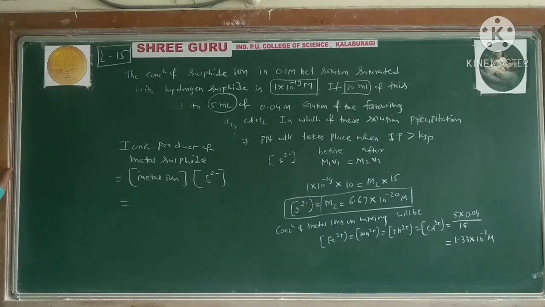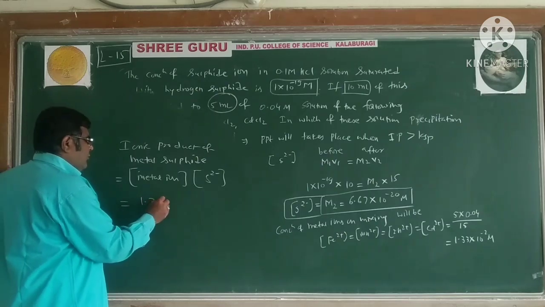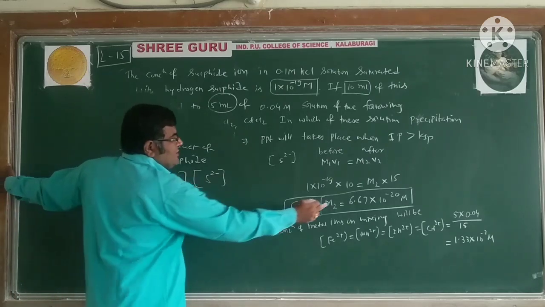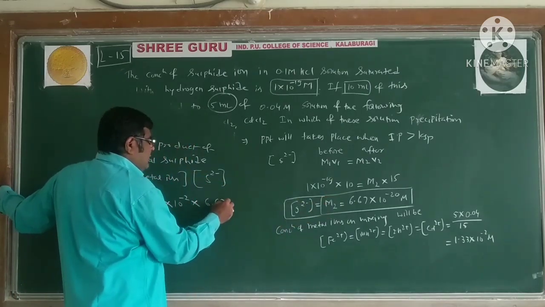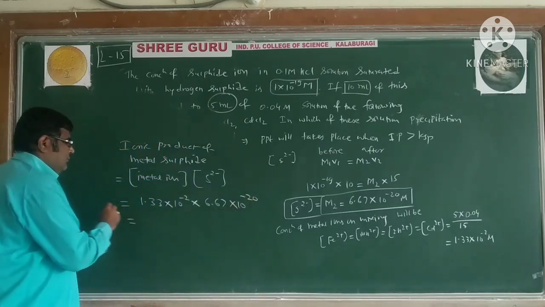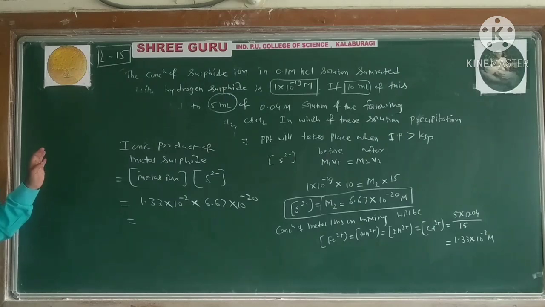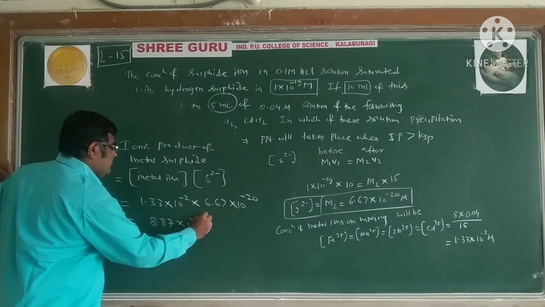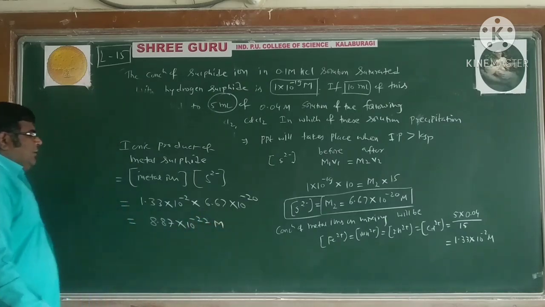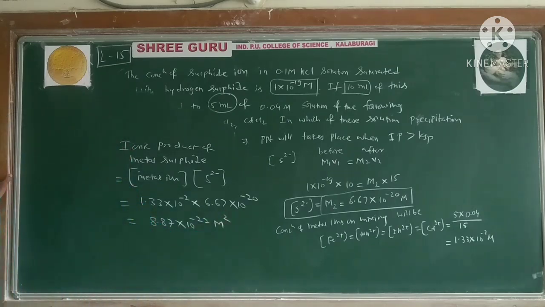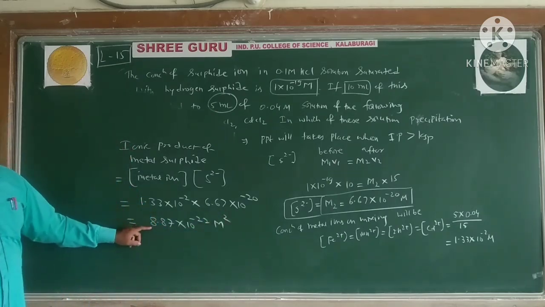The molar concentration of this metal ion is 1.33 into 10 raised to minus 2 and sulfide ion concentration we have calculated 6.67 into 10 raised to minus 20. If you multiply this, 8.87 into 10 raised to minus 22, we have to write mole per liter square. Compare this with the solubility product.